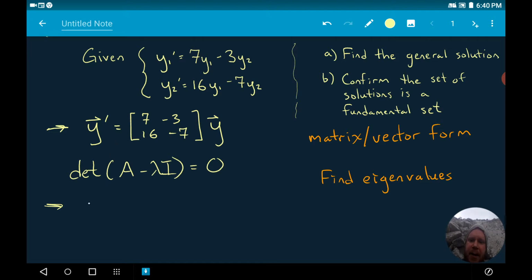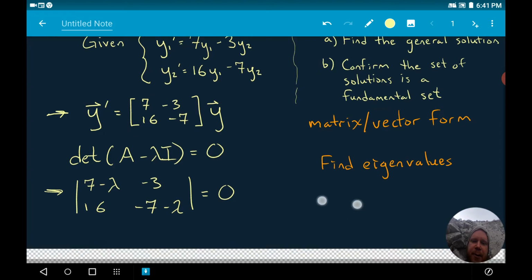So that means that the determinant of this matrix is equal to 0.